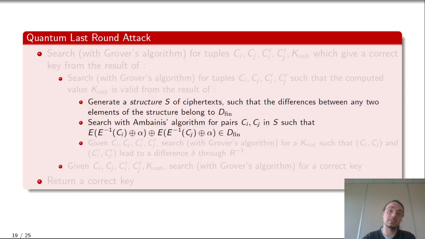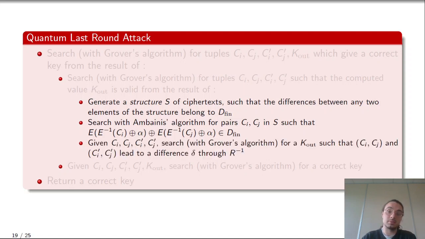So we followed those steps. We replace the collision search by Ambainis's algorithm. Then with the pairs, we search for a correct k_out.